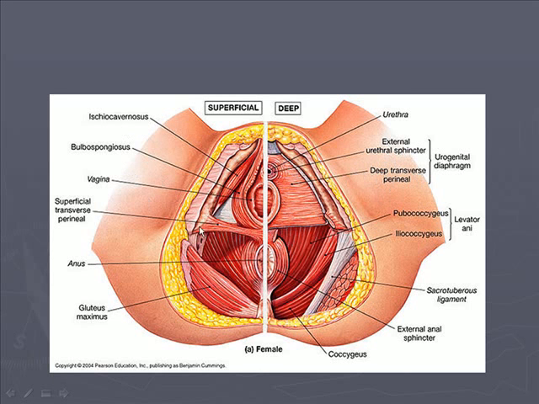There are also transverse muscle structures, again providing a supporting network for the pelvic organs. Again, you can see circular muscles forming sphincter muscles that control the movement of stool in and out of the GI tract. External anal sphincter muscles, which typically means there's an internal anal sphincter muscle as well.